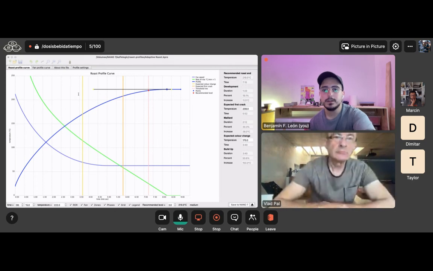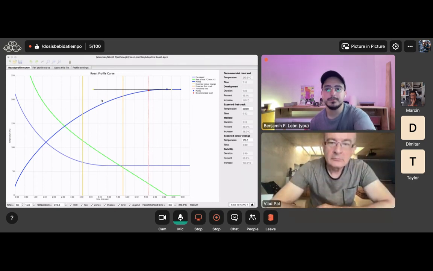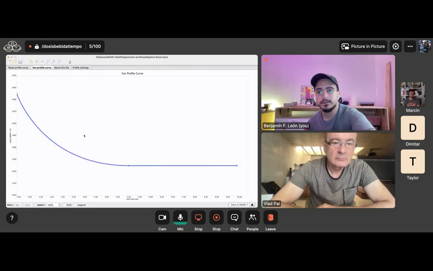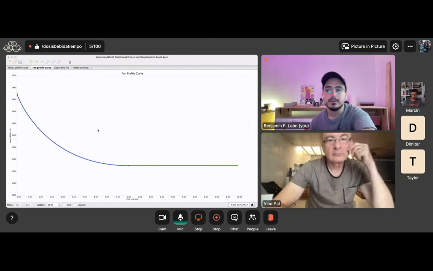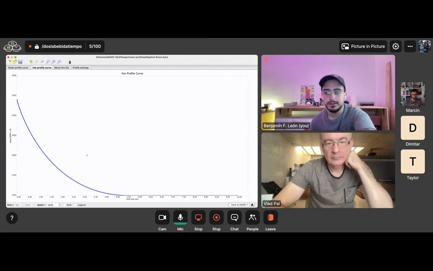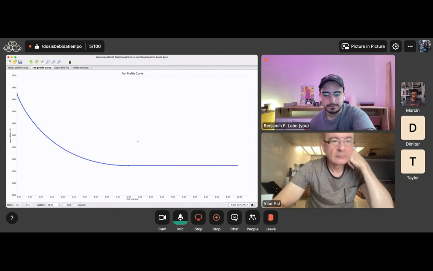If I wanted to transform the RPMs, I would go to the fan profile curve, hit that option, and whatever value I enter here as a factor will just multiply all these numbers. Let's go over something ridiculous: if I want to double the RPMs, I just hit 2 and apply, and now it's double the value. That's really, really easy.